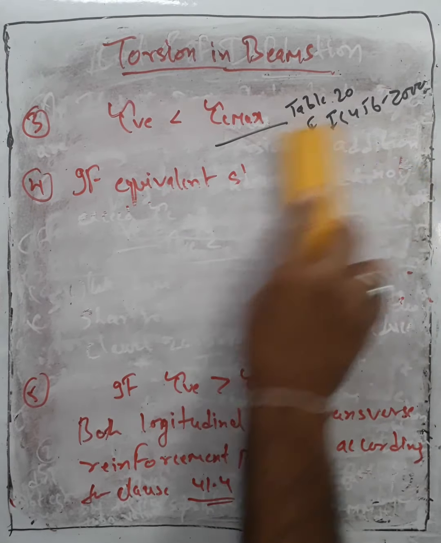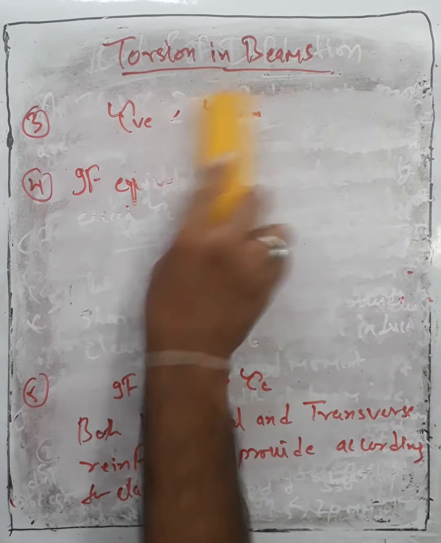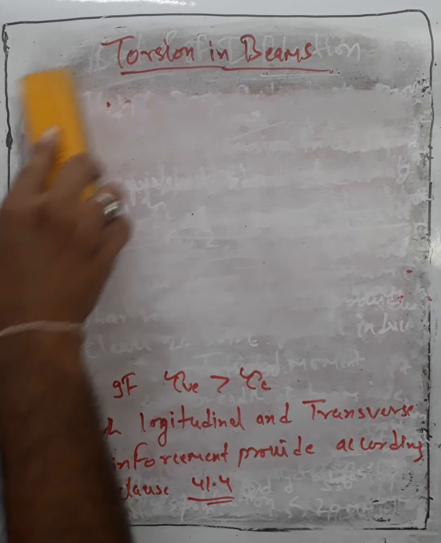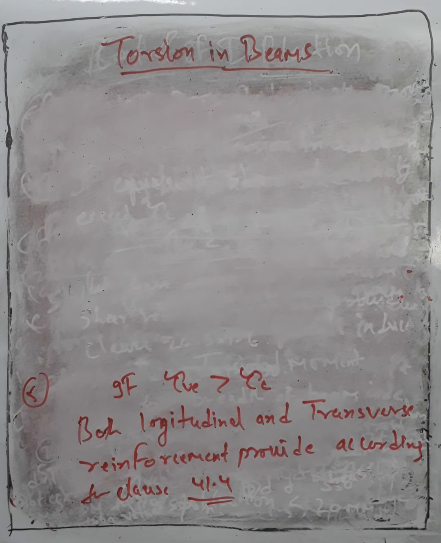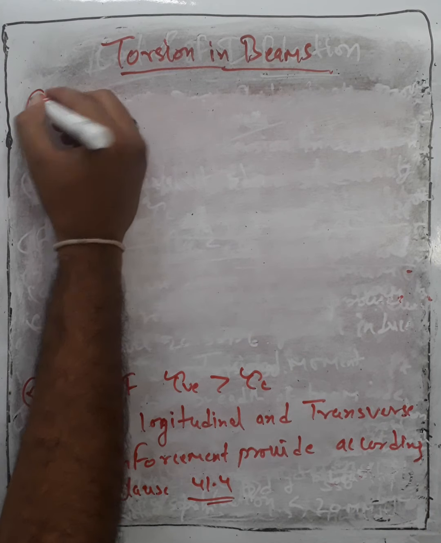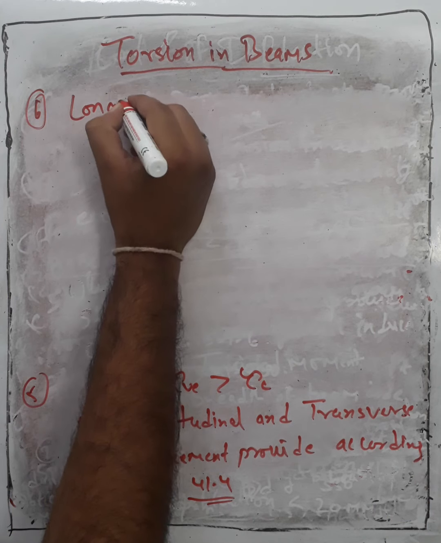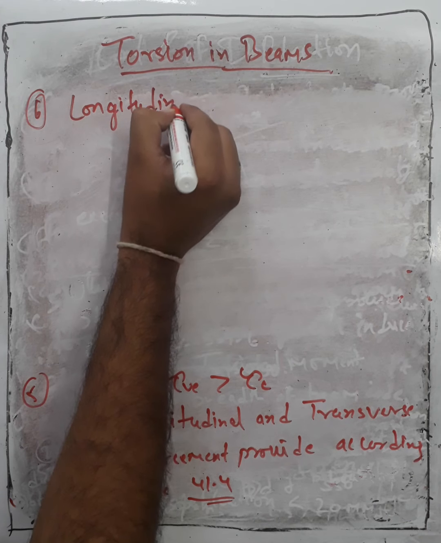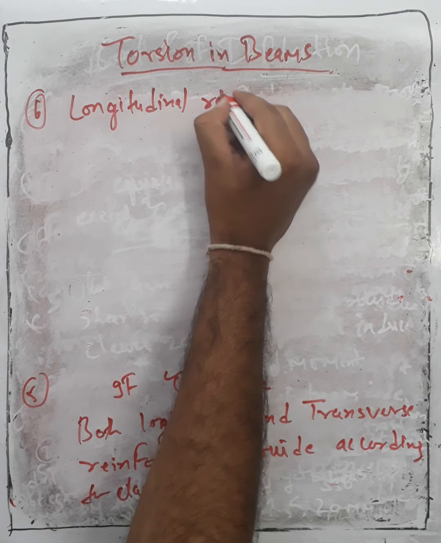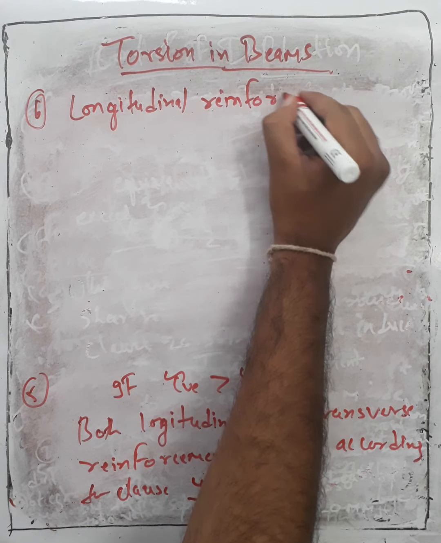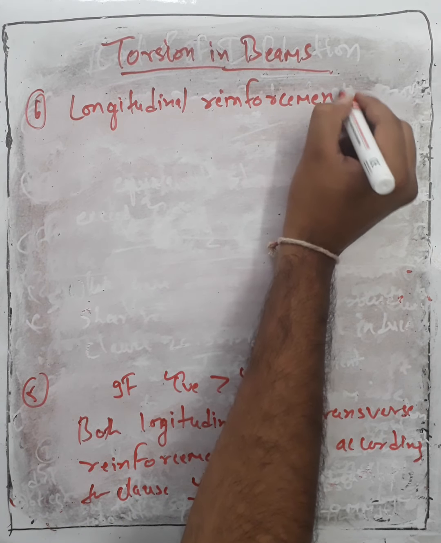So after getting this value, we move to step number 6. First we have to find the longitudinal reinforcement. This reinforcement is provided in two portions. If required, it is also provided in the compression zone.